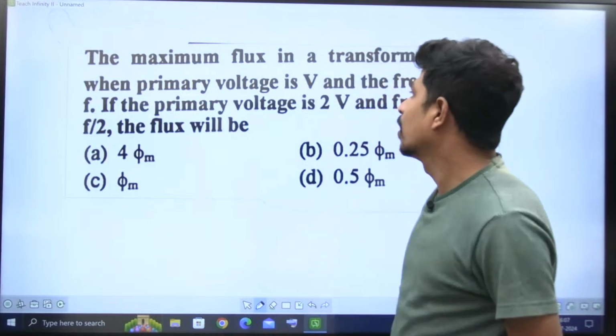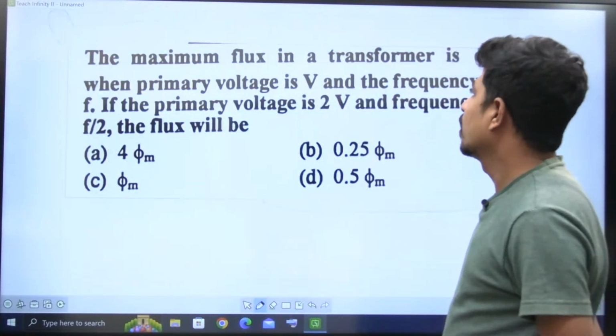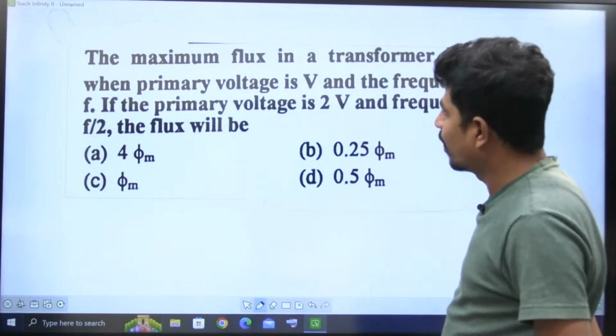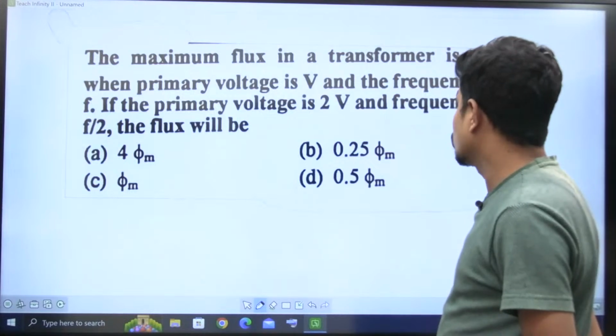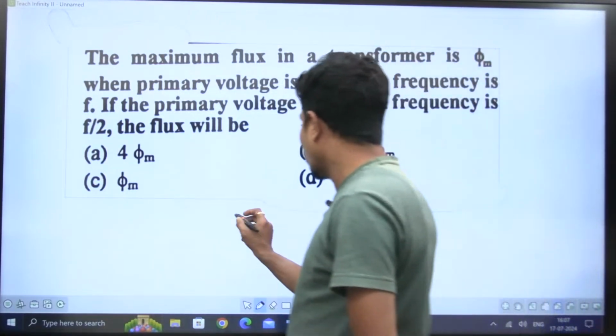The maximum flux in a transformer is Φm when the primary voltage is V and the frequency is F. If the primary voltage is 2V and the frequency is F by 2, the flux will be?